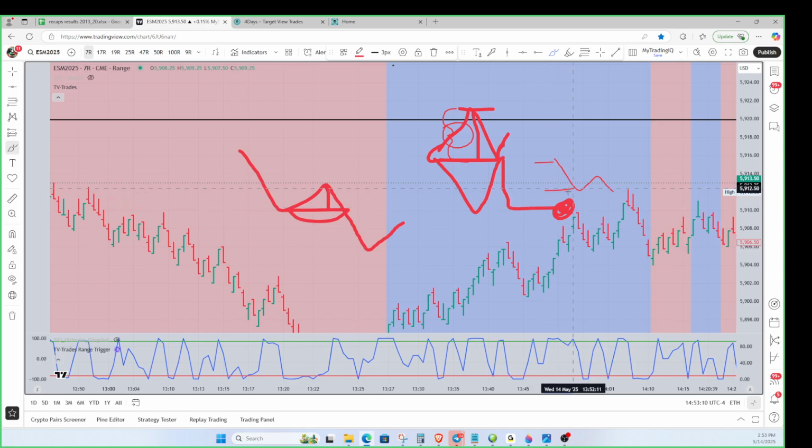The distance between here and here is less, and then the pullback gets bigger than this pullback. The pullback is bigger. That shows weakness in the trend. If the push down is less and the pullback is bigger, it shows weakness in the trend, and eventually it's going to go higher than that, and it's going to be a trend change. It's going to go like that, right?